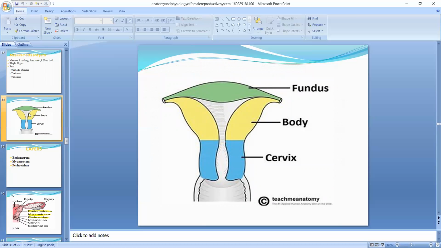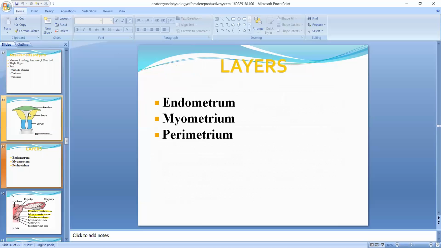The opening of the uterine tube is at the upper portion on that side, that is the fundus, and the lower part is the cervix. There are layers, we can see here: endometrium, myometrium, and perimetrium. The endometrium is the innermost layer, and every month it is prepared for the implantation of the fertilized egg.